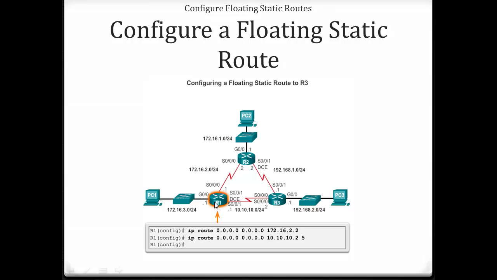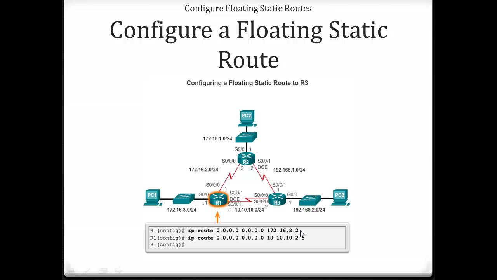So any traffic to a remote network that R1 gets is automatically going to be sent up to R2. We then enter a floating static route that sends any traffic to a remote network to R3, but we set it as a floating static route. So what that means is this is going to become just a backup route.